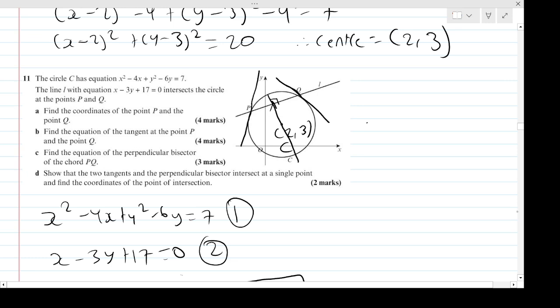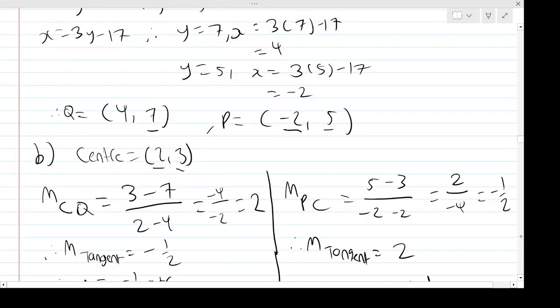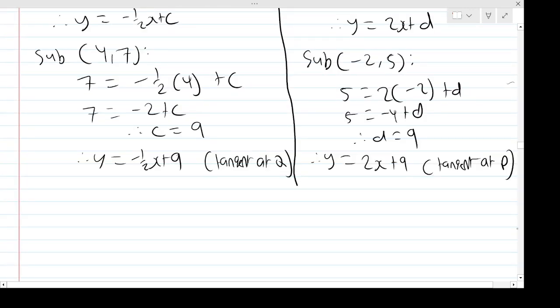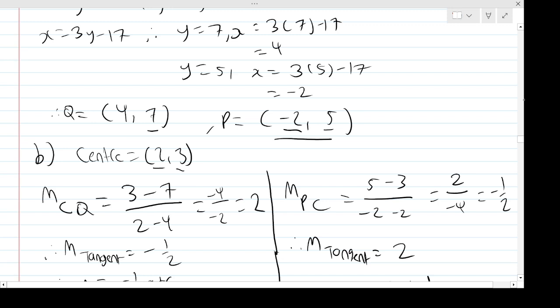So what we can do instead is find the gradient of the line PQ, and then its perpendicular, so we can do the negative reciprocal. So the gradient m between P and Q. Well, P is (-2, 5), Q is (4, 7).